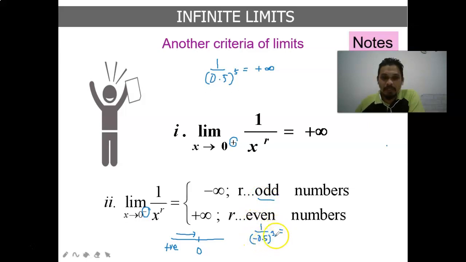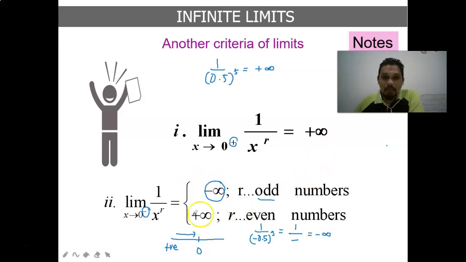Negative 0.5 cubed is a negative number, so 1 divided by it equals negative infinity.